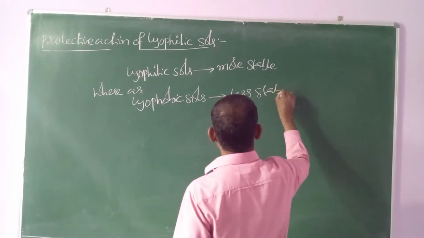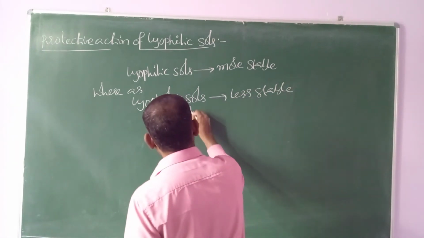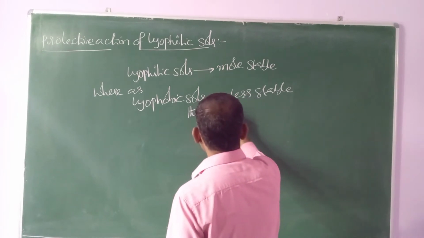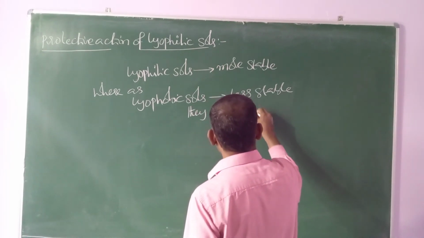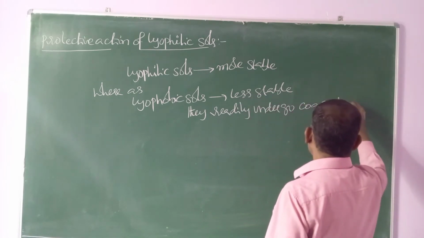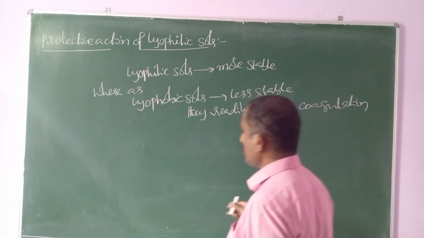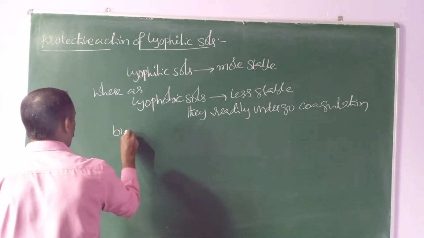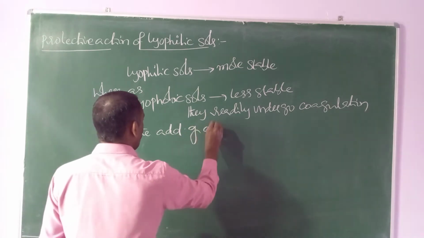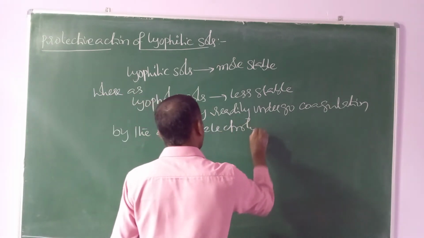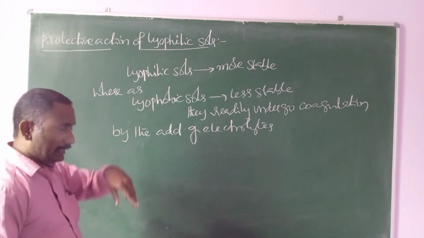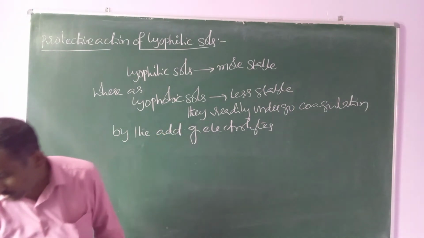Due to less stability, they readily undergo coagulation by the addition of electrolytes. Whenever you add an electrolyte to the lyophobic sole, it readily undergoes coagulation.